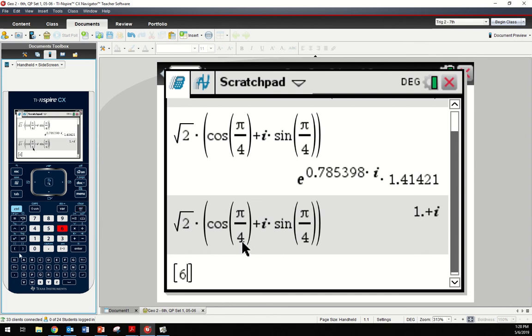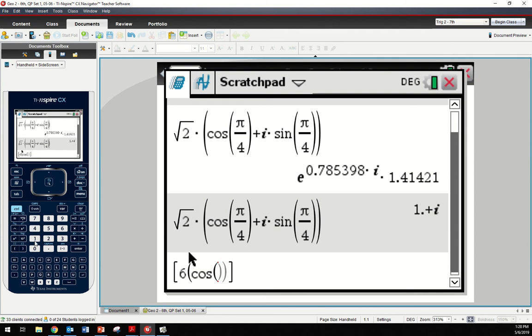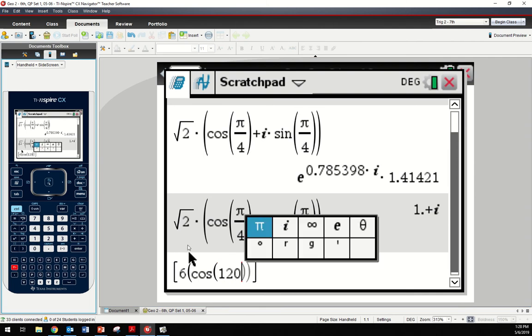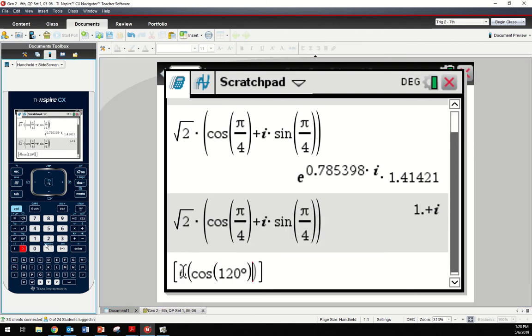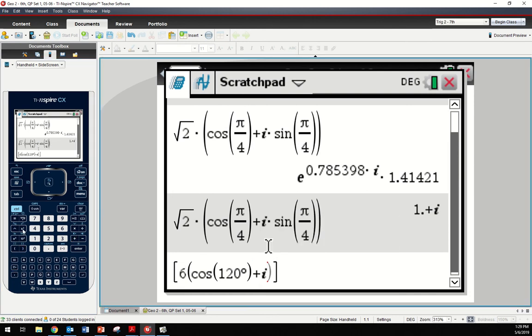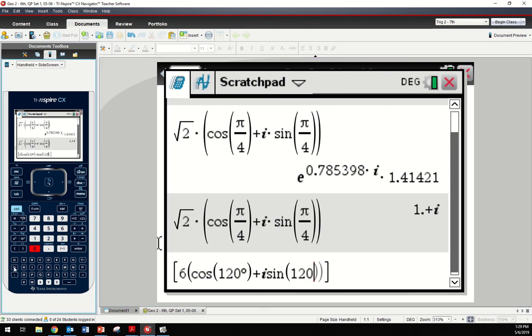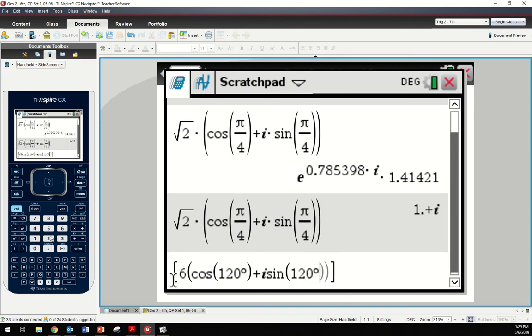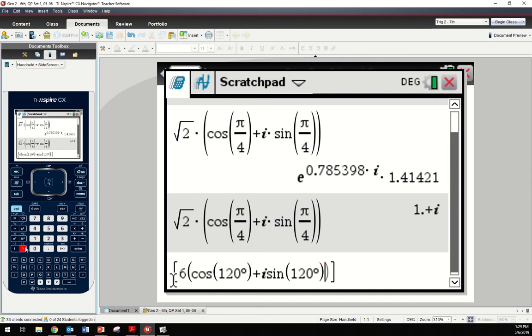Okay, 6, parentheses cosine 120 degrees, and then plus i sine of 120 degrees, close, close, and that's going to be times another bracket.